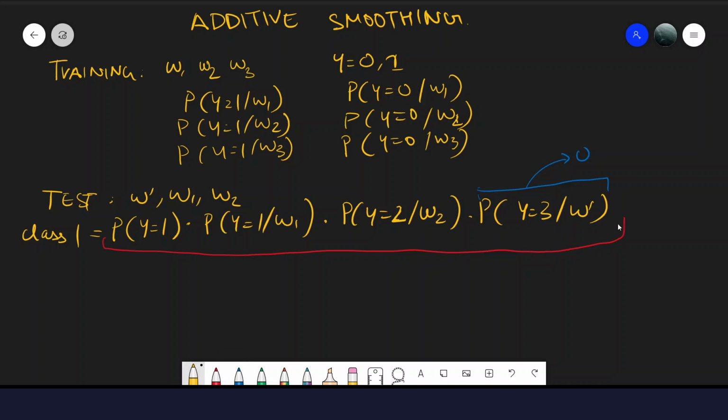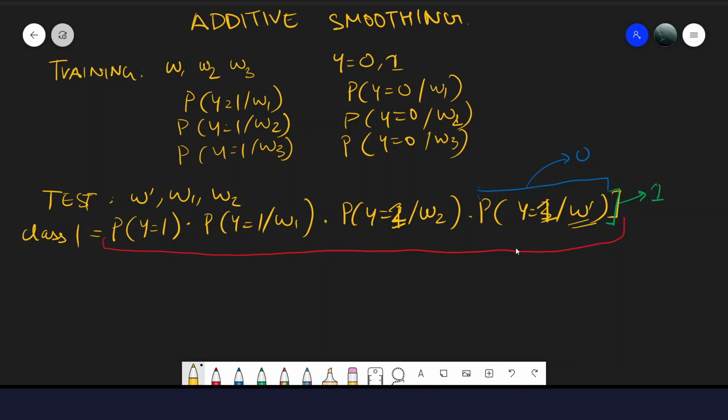What about if you give it the value 1? Let's say that someone comes and argues that we give it the value 1. That might seem like a good way to go about it, but you need to realize that what you're essentially saying in mathematical terms is that this word w dash occurs in each and every text corpus where the class is 1 in the training data set.